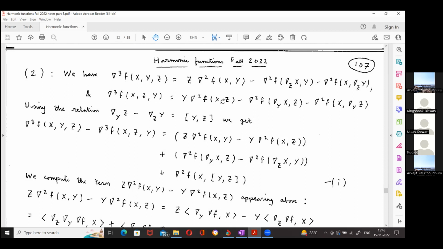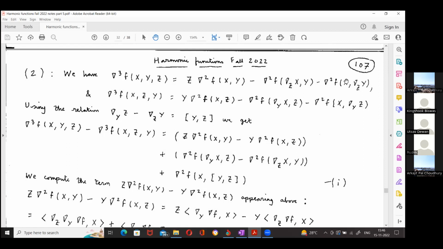So I group the terms together. I'll get z of nabla squared f of x, y, minus y of nabla squared f of x, z. That's the difference of these two terms. Then I have the difference of the next two terms: nabla squared f of nabla_y x, comma z, minus nabla squared f of nabla_z x, comma y. And then I have these last two terms.